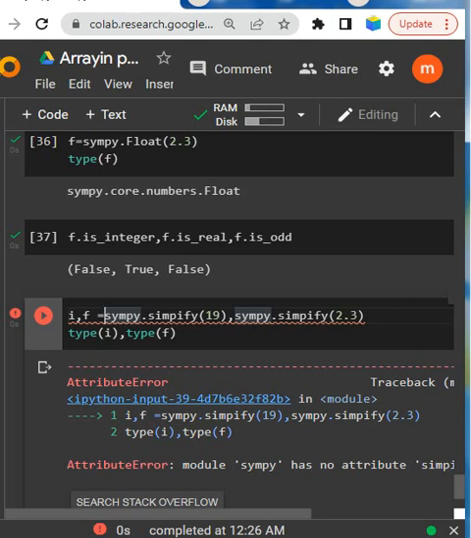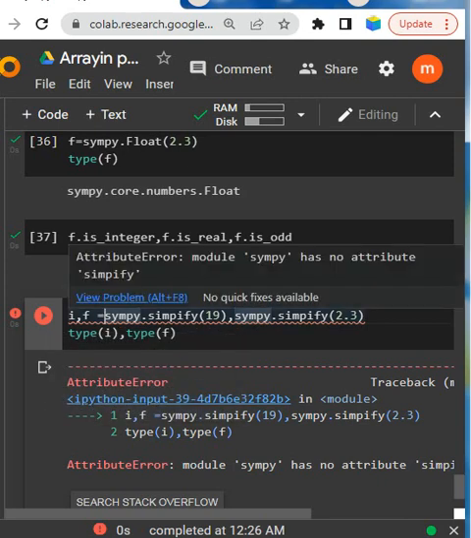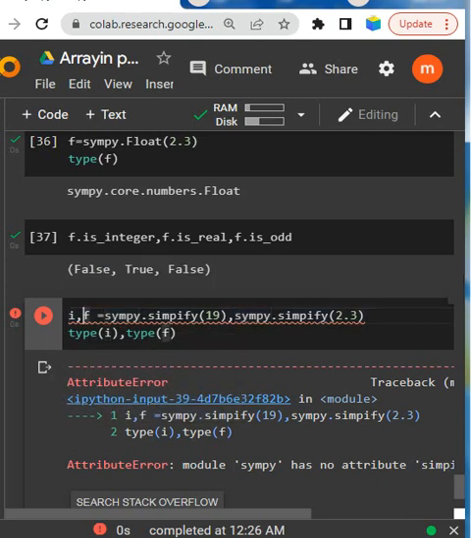So the type of i and the type of f have been printed, so something is not clear.